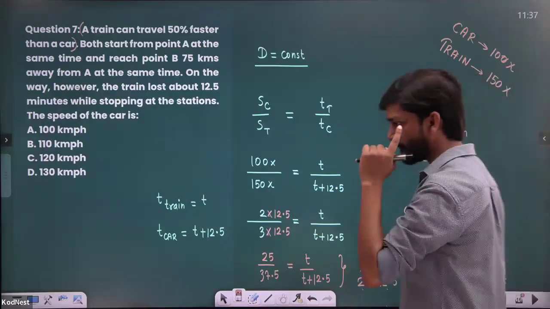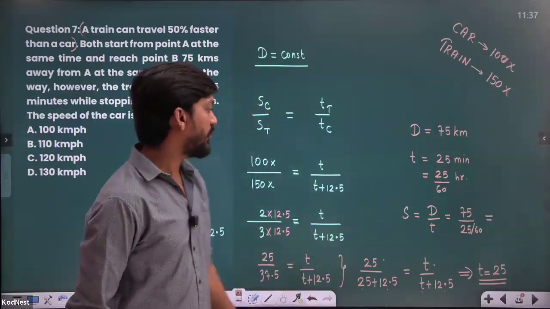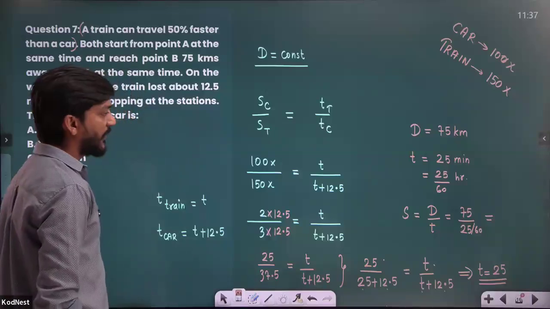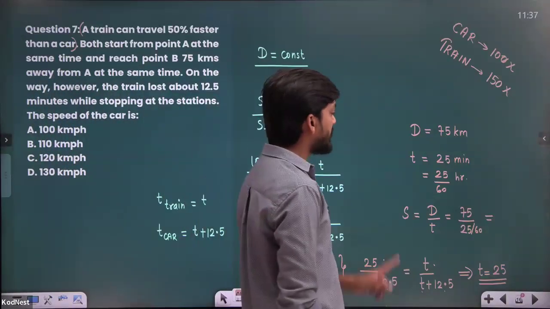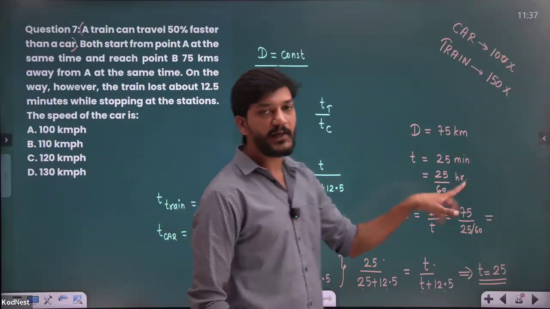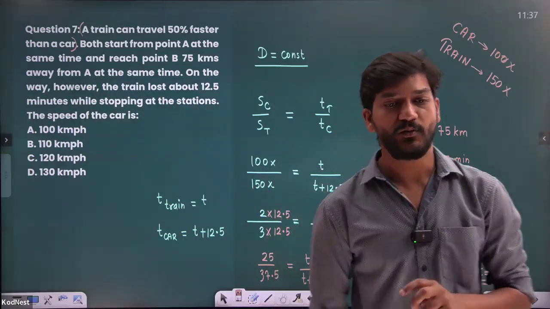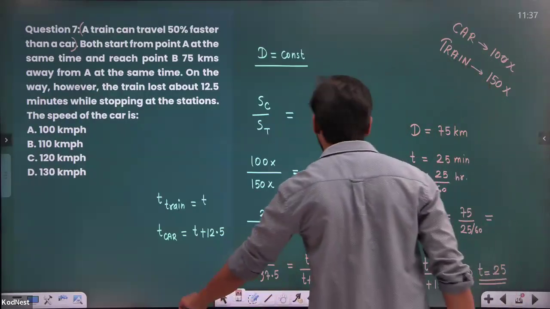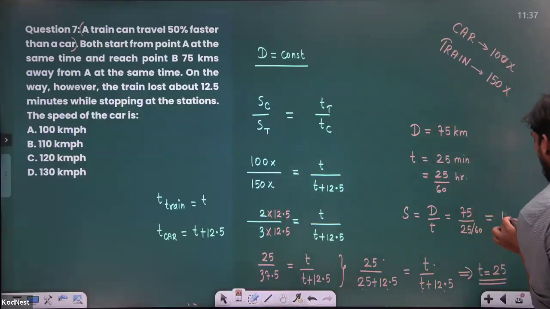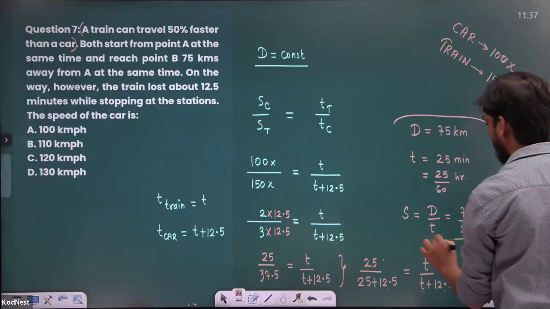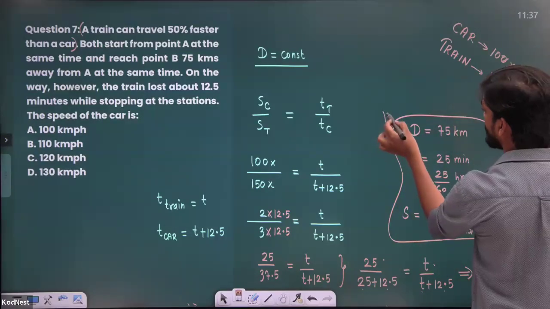Please answer. Sorry, this is the train speed. t value is the train time. So train speed you will get. 180 it will come out. So this will come out to be 180 kmph. This is for the train because t value is for the train.